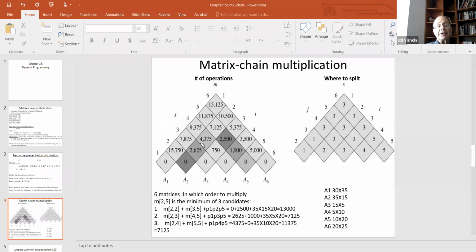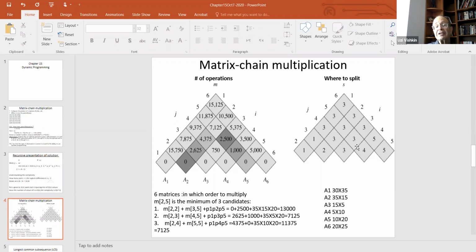Same here. Here, what were our options? Our options were either to come from here or to come from here. And from what you see from this table, whenever we had an option of splitting around 5, we always preferred it.